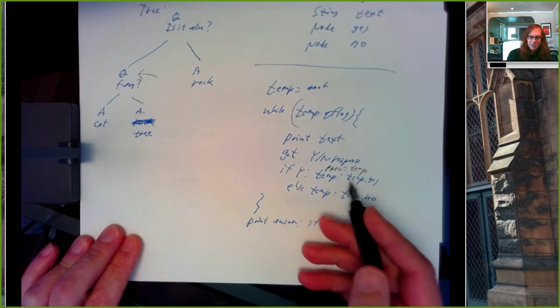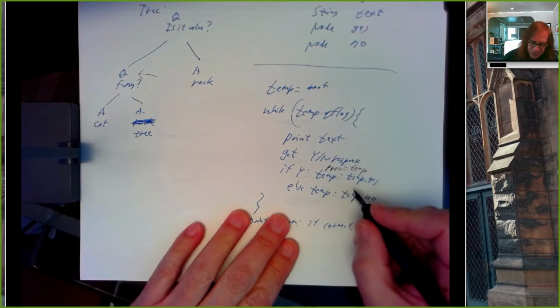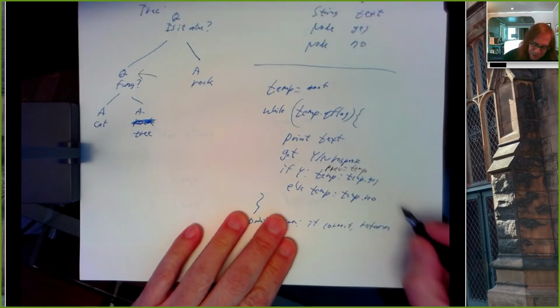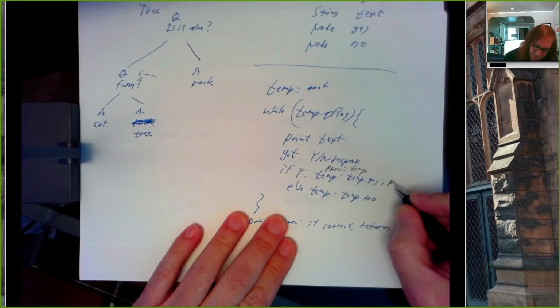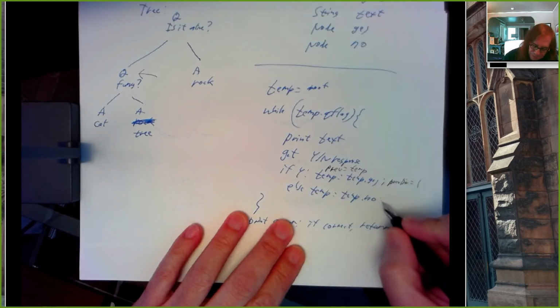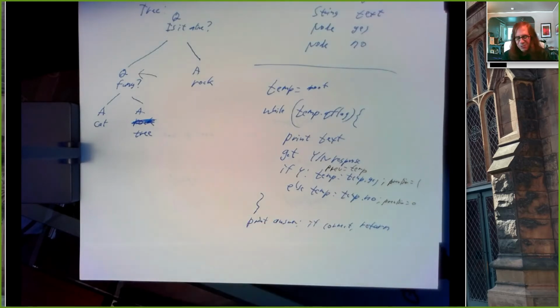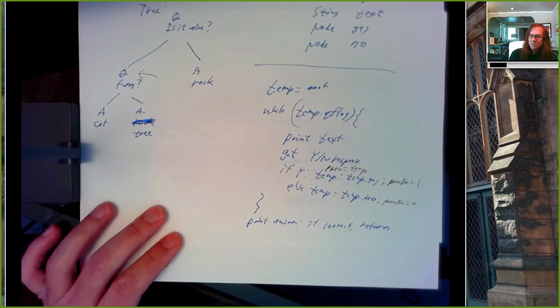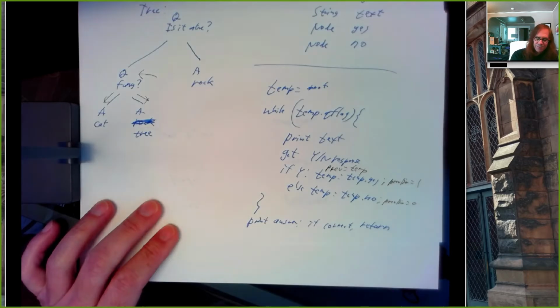So in addition to saving our previous node, we're going to remember this direction. So in addition to saying temp equals temp.yes, I don't know, I'll say previous dir equals 1. Or previous direction equals 0. Or something, you know. Some flag to tell you whether you went this way or that way.